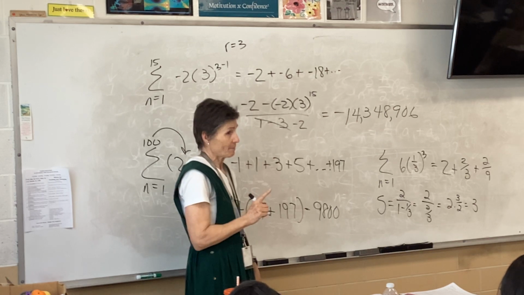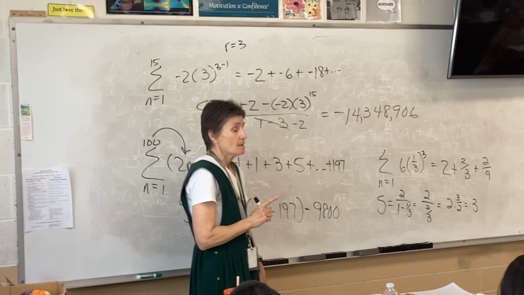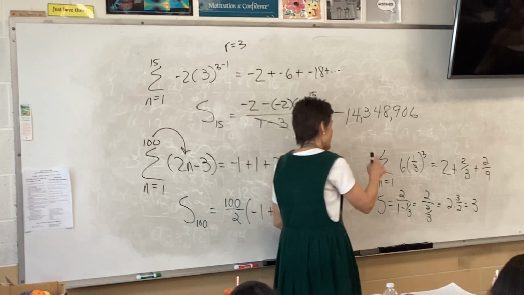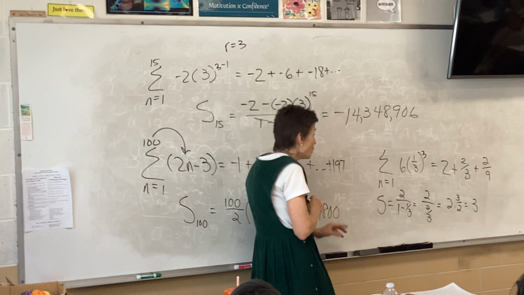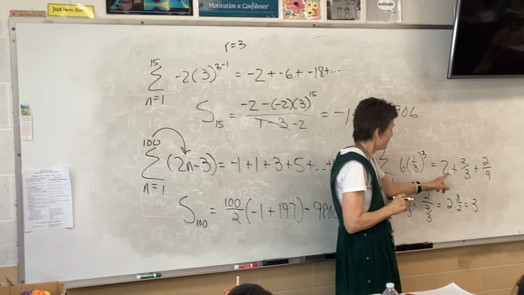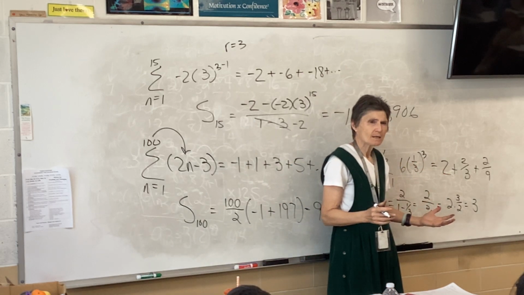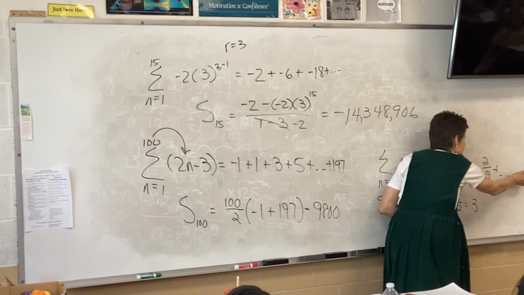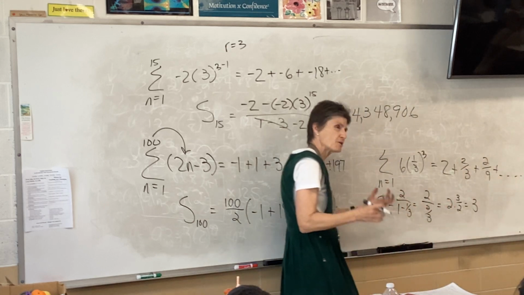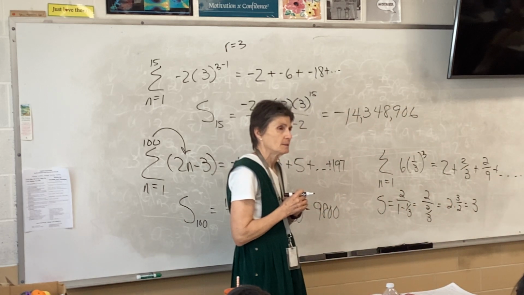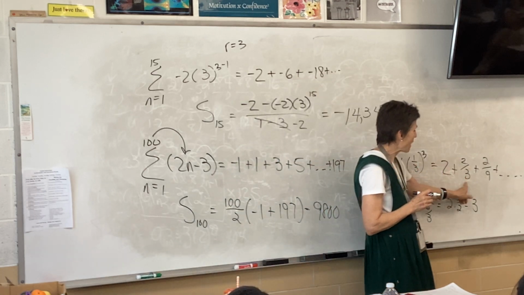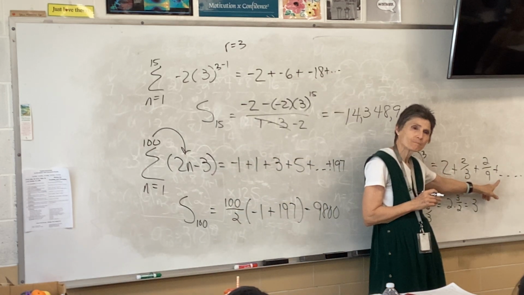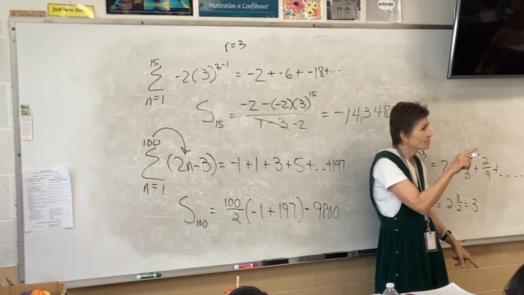Now, we need to talk about this for a second, because this problem was doable only because, when you think about what you're doing, guys, this is going on forever. This is never stopping, and yet you're adding it up. That's only possible because what's happening to these terms? They're getting smaller.